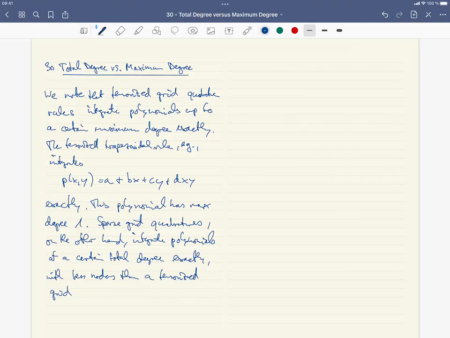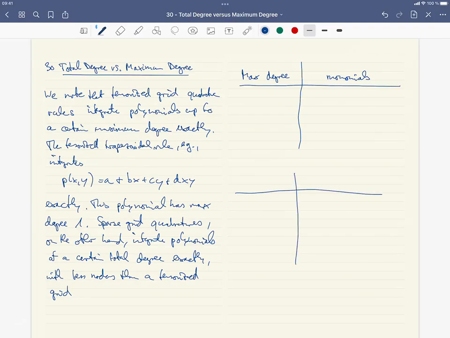And just to make things clear, let's look at the table of max degree polynomials and the corresponding monomials. And let's do the same thing for the total degree. And here are the monomials that have this.